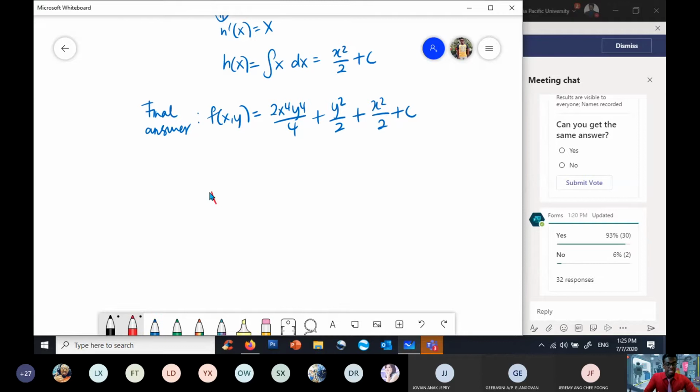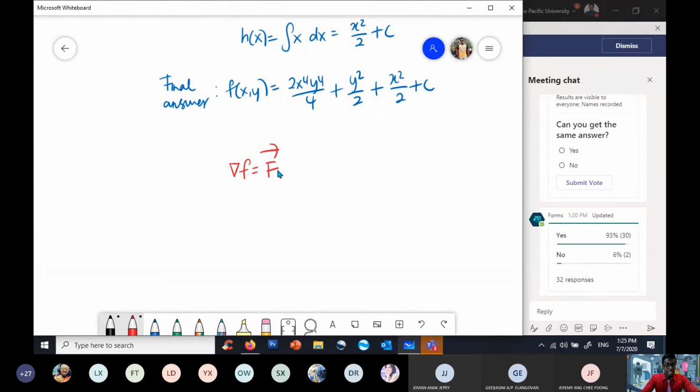The definition is that the gradient vector is equal to the vector function. So the vector function that we get should be equal to the gradient vector of whatever function we just arrived at. So let us try to find the gradient vector. The gradient vector contains f_x and f_y. This is just checking, you don't have to do it, but I want to do it to convince you that your answer is true.